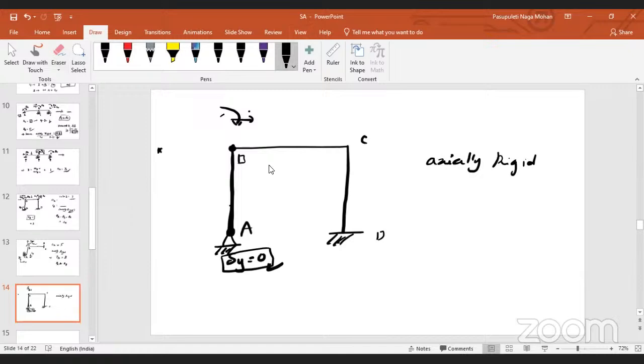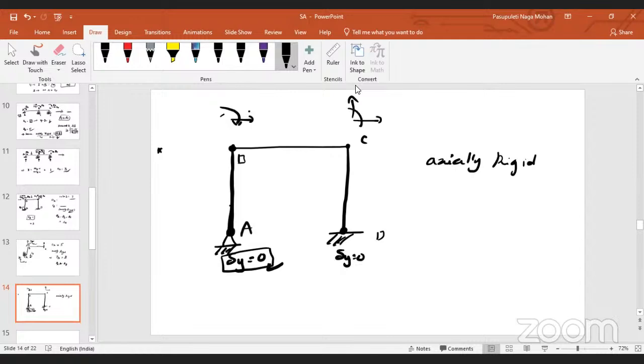Now, similarly, what is the vertical displacement at point D? This point D also won't allow any vertical deflection because it is a fixed support. As the vertical displacement at this point is 0, what is the vertical displacement at point C? Initially we considered horizontal, vertical, and rotation.